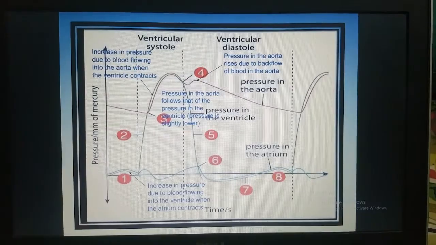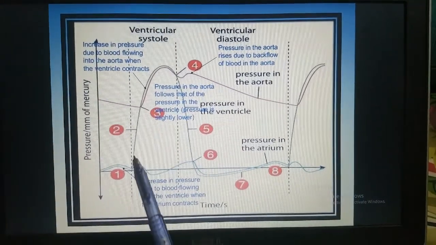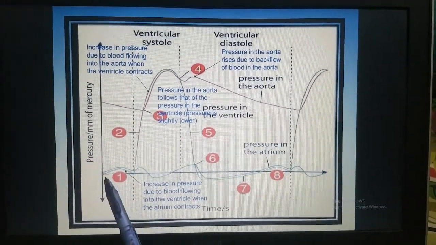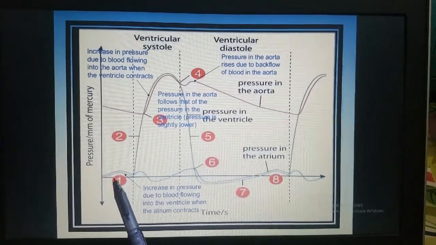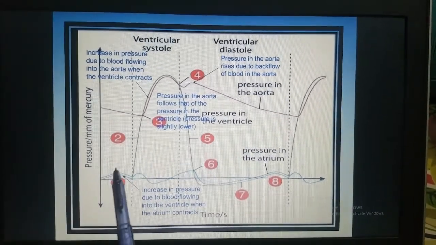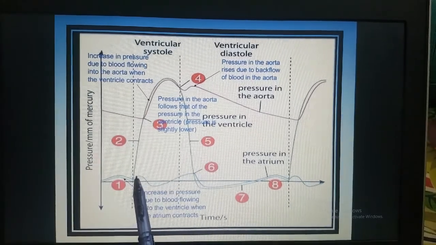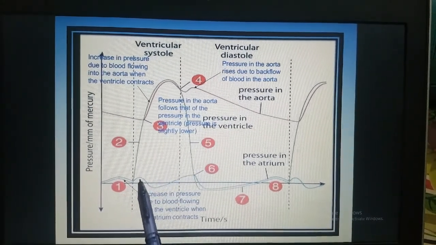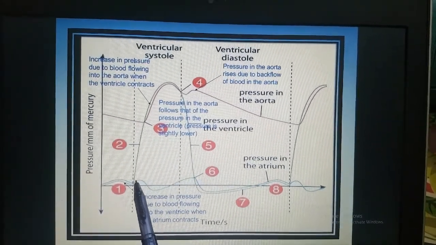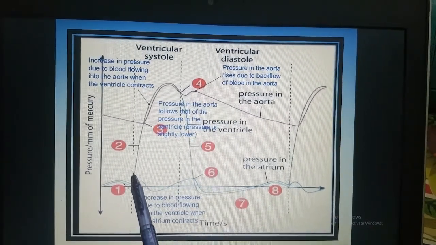Yes, students, once again a quick sum up. It is the point 1 where atrial systole occurs and blood is entering into the ventricles. At this point, AV valves are closed.